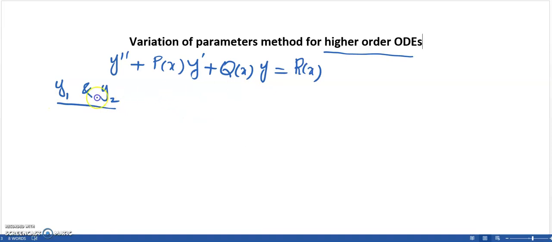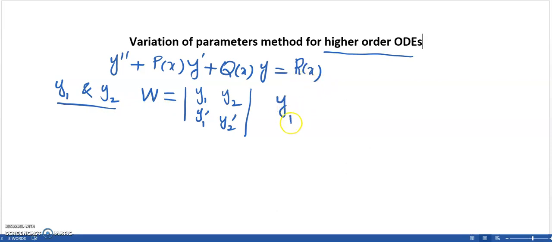Then using these y1 and y2 solutions, we calculate the Wronskian. What was the Wronskian? The Wronskian was y1, y2, y1 prime, y2 prime. Then we apply this formula for finding the particular solution yp.